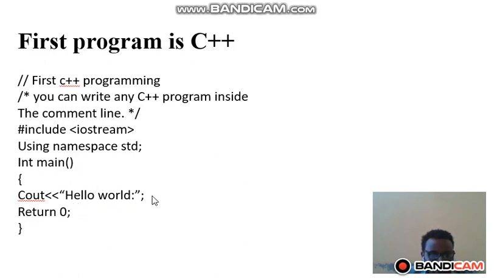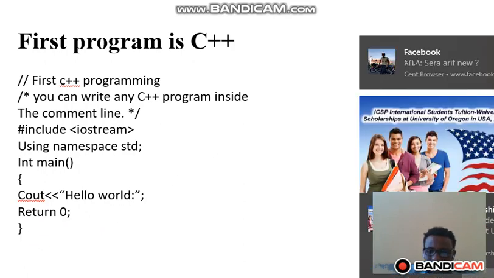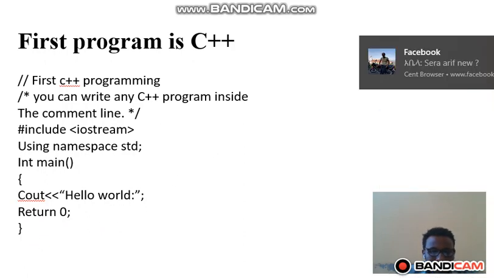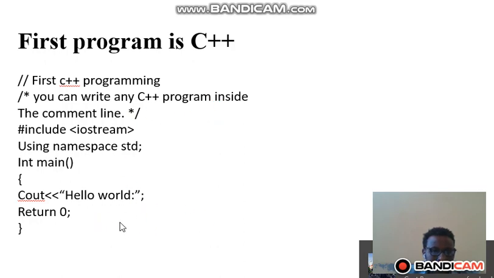We call this an executable statement. After that, the compiler goes to the return value. This indicates that when the program finishes running, it sends a value to the operating system. Its meaning is everything went okay, the program ran successfully, and you will close the program.